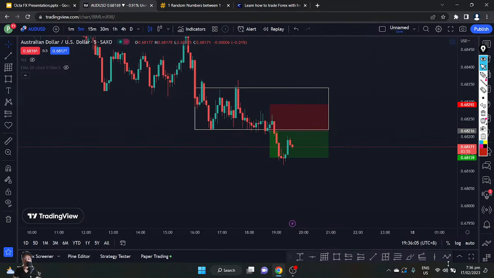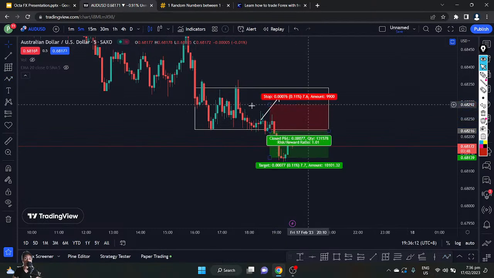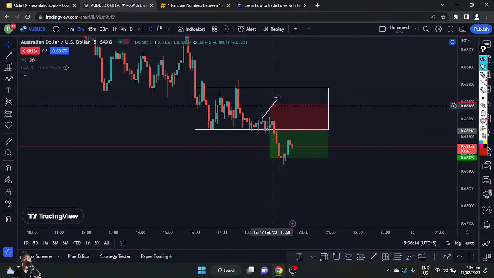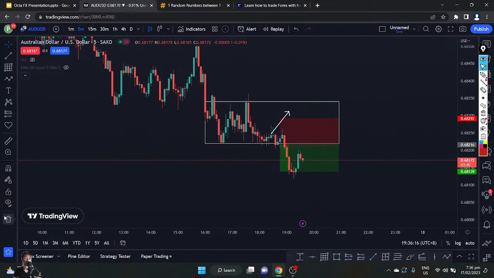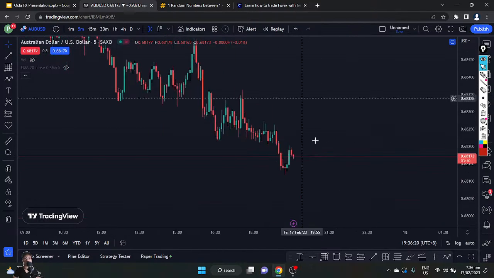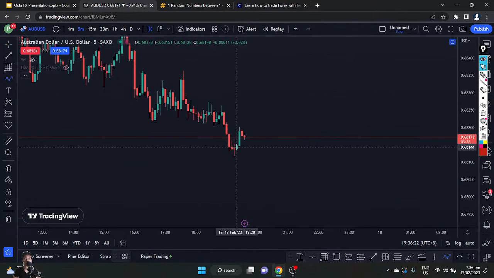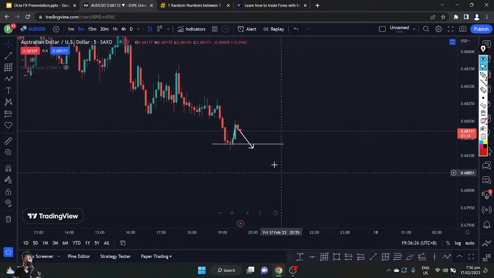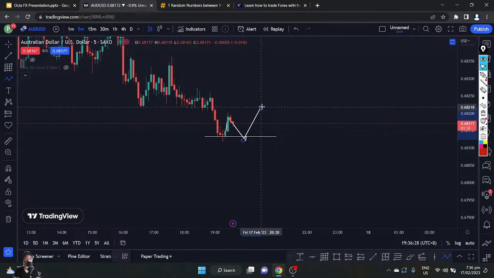But let's say, unfortunately, instead of continuing to go down like this, the price went up and reached your stop loss. If this is the case, then you will lose that trade. Then, for example, the price continued to go down again, and it gave us another opportunity to sell a breakout right here. Then, unfortunately, the price went up again.